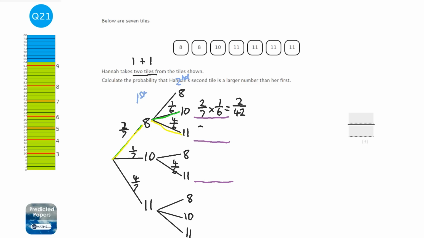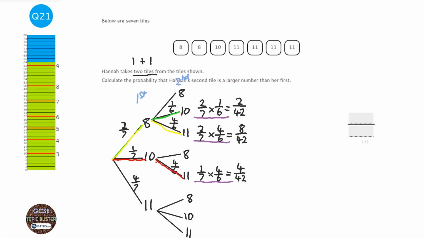So it's going to be 2 over 7 times 4 over 6. So that's going to be 8 over 42. And the final line, we go down the 10, and then we go down the 11. So it's going to be 1 over 7 times 4 over 6, which is going to be 4 over 42.